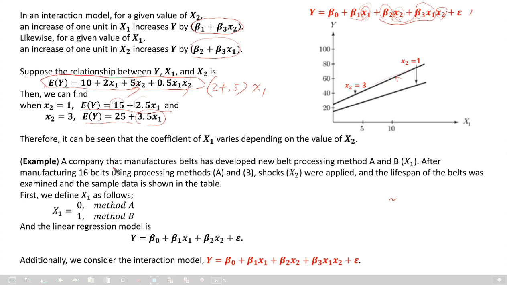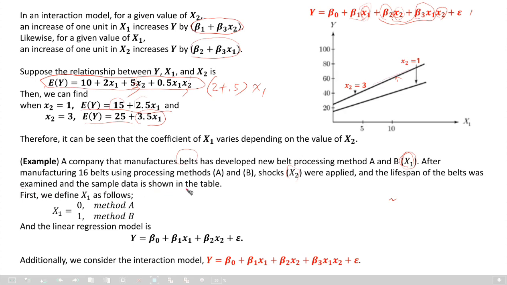A company that manufactures belts has developed new belt processing methods A and B. This is variable x1, a dummy variable because it is method A or method B. After manufacturing 16 belts using processing methods A and B, shocks, which is x2, were applied and the lifespan of the belt was examined.